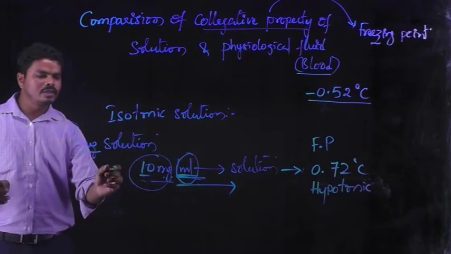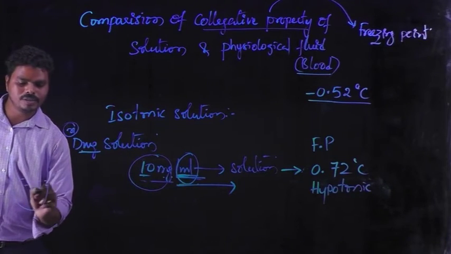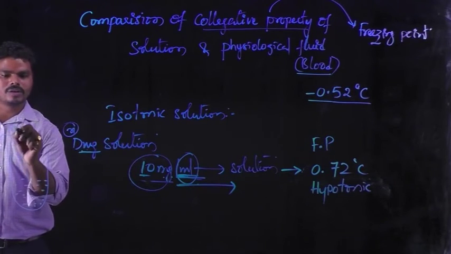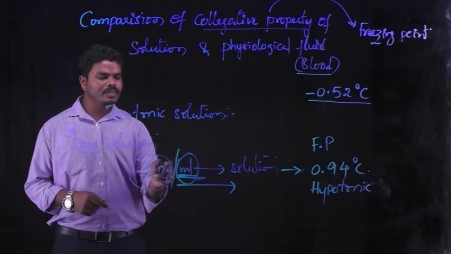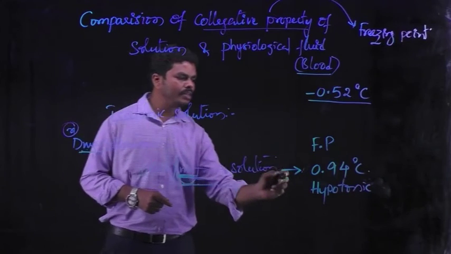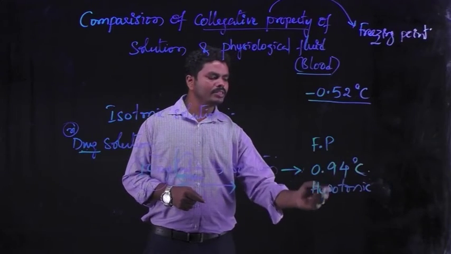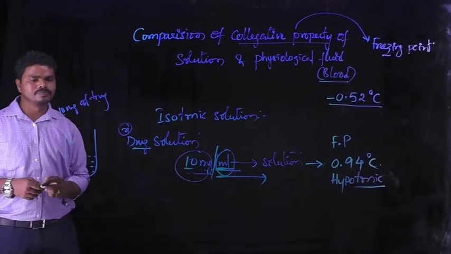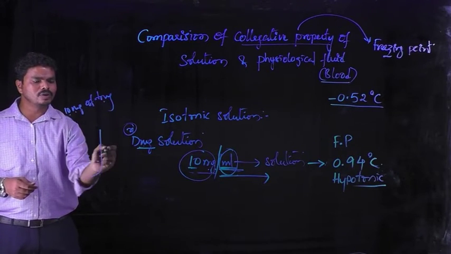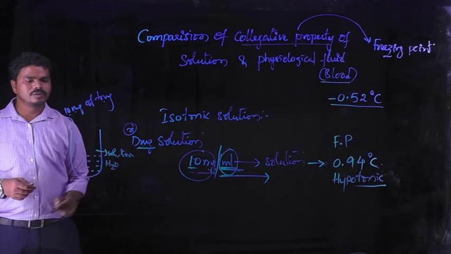So how will you prepare this drug solution? To distilled water, we will add the solid drug or solute. When you take the 10 mg per ml concentration of the drug solution having a freezing point of 0.94 degrees centigrade, then this solution is said to be hypotonic in nature. Why? Because when you add 10 mg of this drug, that is a solute, into distilled water, then what will happen?